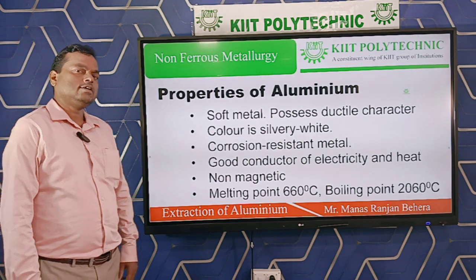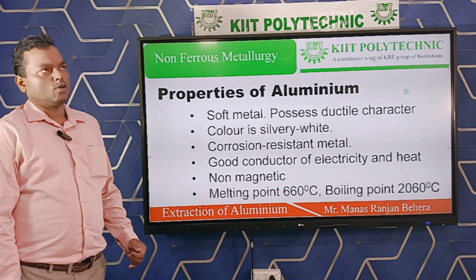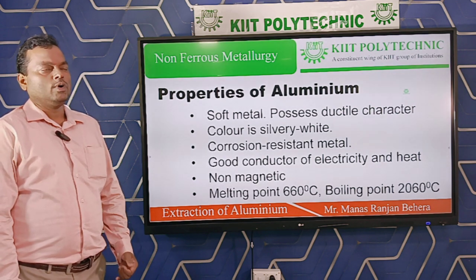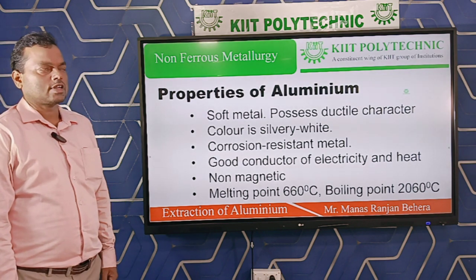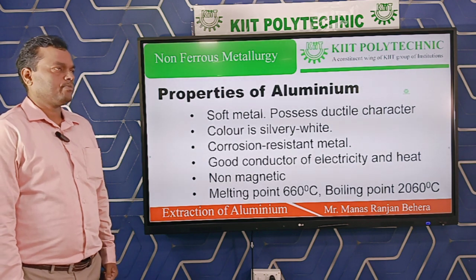So what is bauxite? Bauxite is a mixture of monohydrate and trihydrate of alumina with varying amounts of silicon oxide, titanium oxide and iron oxide. So what is monohydrate of alumina?